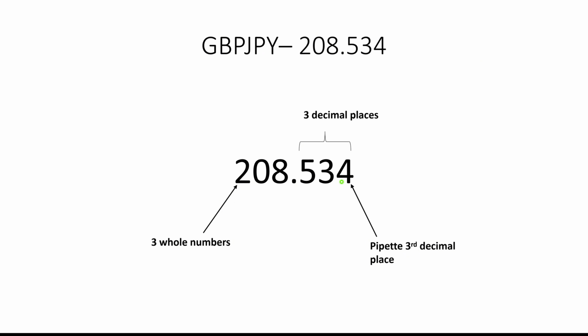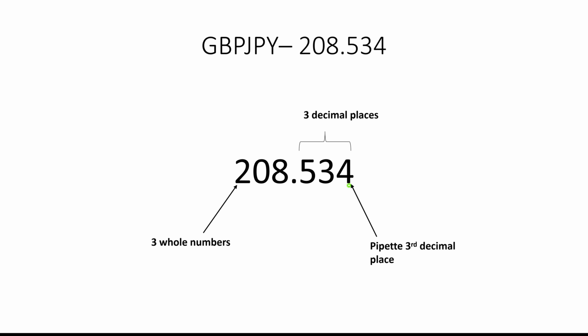The JPY pairs come with 3 whole numbers, here the 208, and then a point, and then 3 decimal places, 534. In this case, the pipette becomes the 3rd decimal place, which is the number 4. It becomes the pipette or the fractional pip, which is not considered when we are counting the pip.